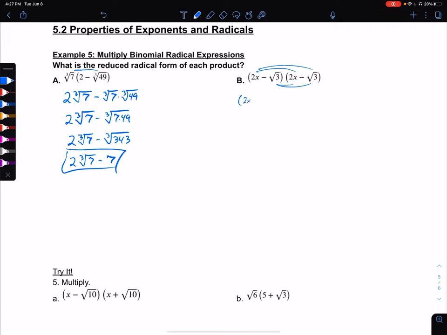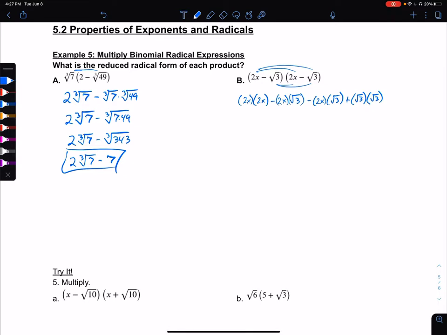But this is going to be 2x times 2x, minus 2x times radical 3, minus 2x times radical 3, plus radical 3 times radical 3.